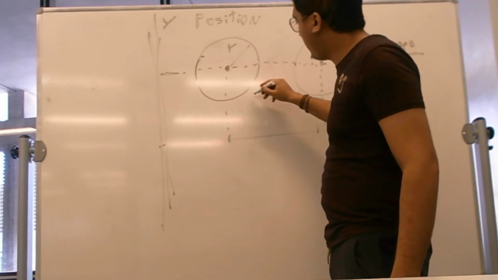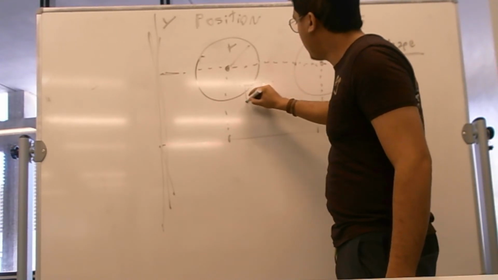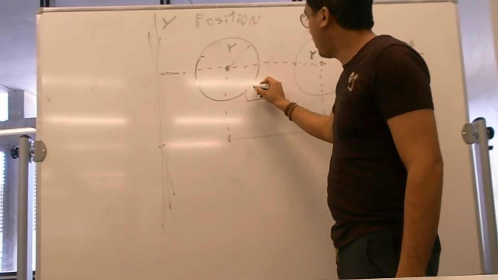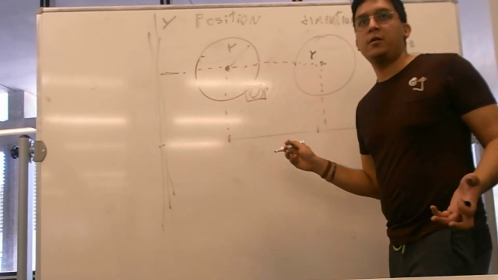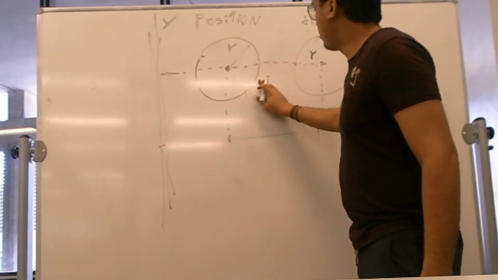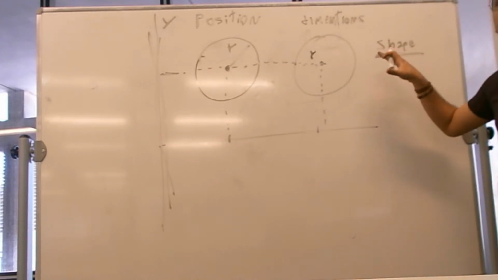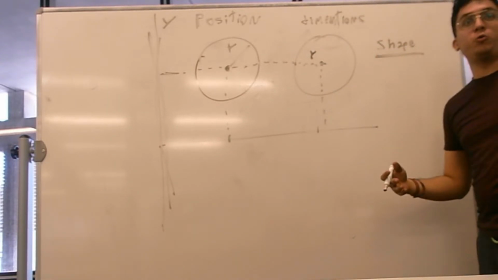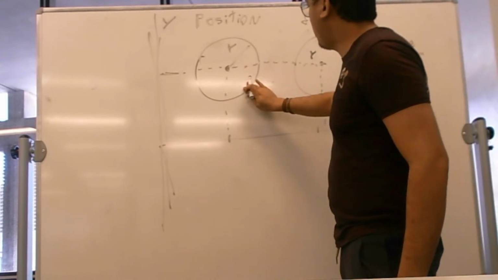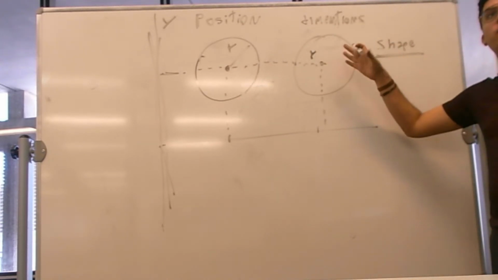Or I could also say, for now, about the shape, that this is not colliding with this, because if it's a circle, it won't be colliding. So you see, if I miss one of these points, I can say things that are untrue. That's why all these factors need to be taken into consideration when we're talking collisions.